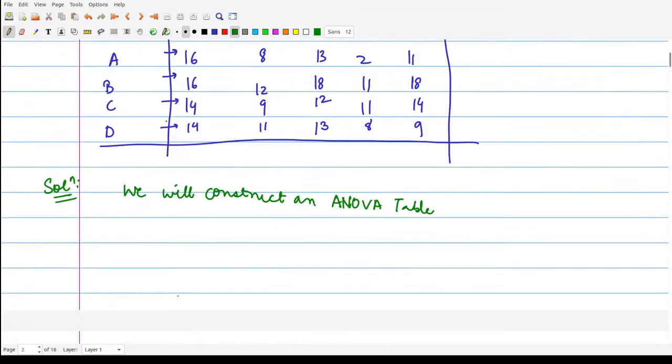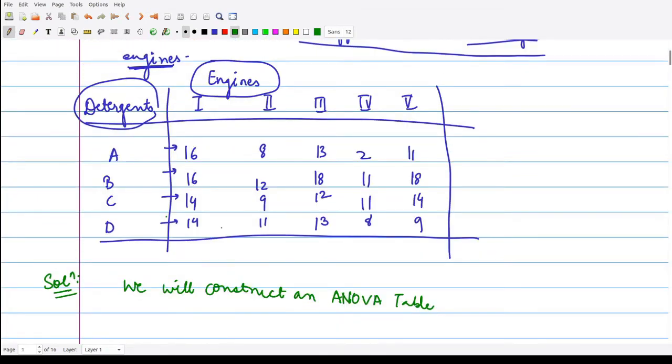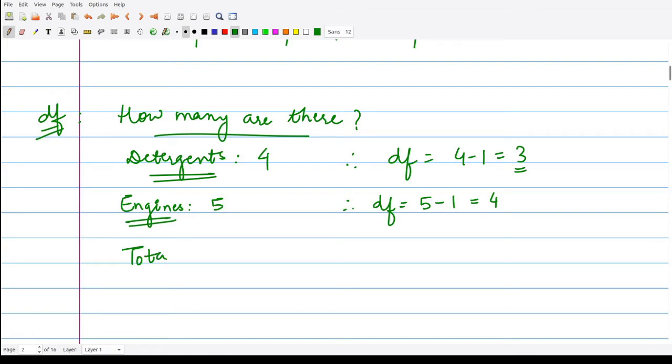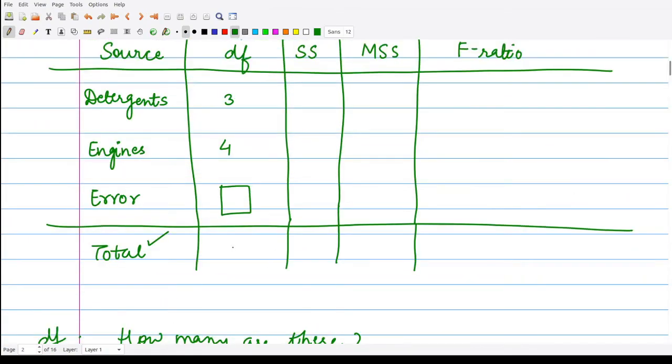In total, how many data values are there? 20, right? 5 in each row and 4 in columns. In total, we denote that by capital N, we have 20 elements. So the degree of freedom for total would be 20 minus 1, so that would be 19. So we'll write 19 here.